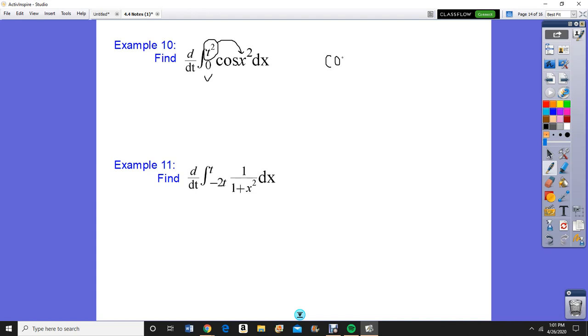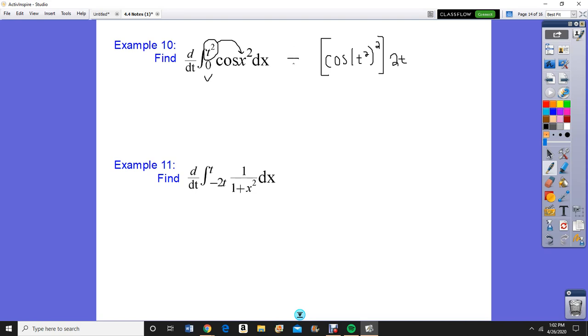This will now read cosine t squared, and then we carry this square over because that quantity had to be squared. Now that we've plugged this upper bound into our function, we multiply by the derivative of t squared, and the derivative of t squared is 2t.